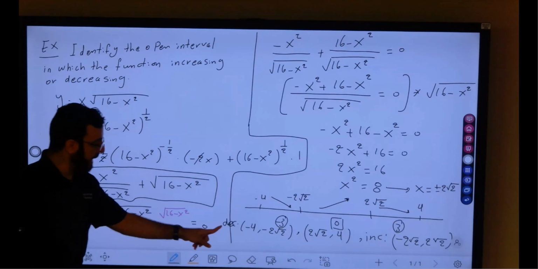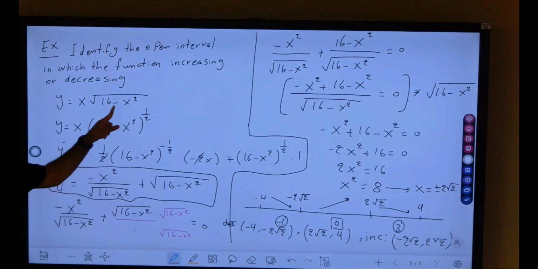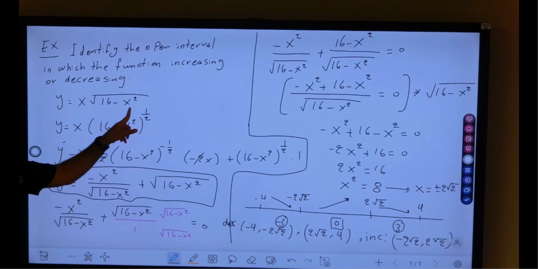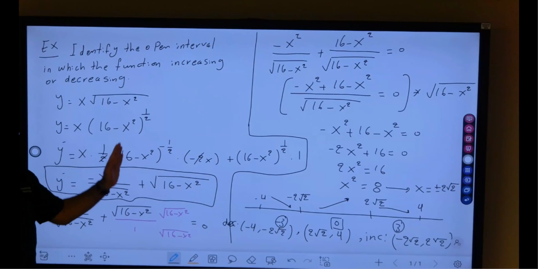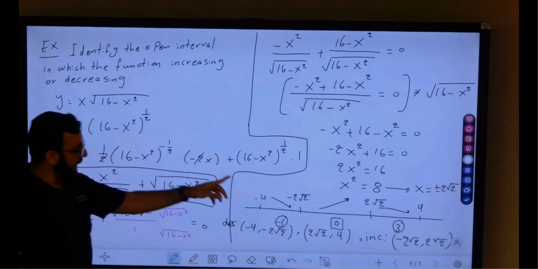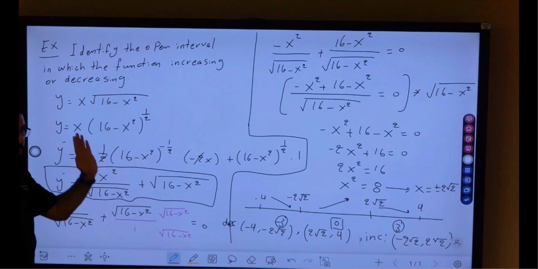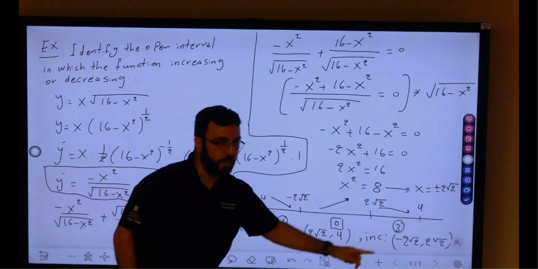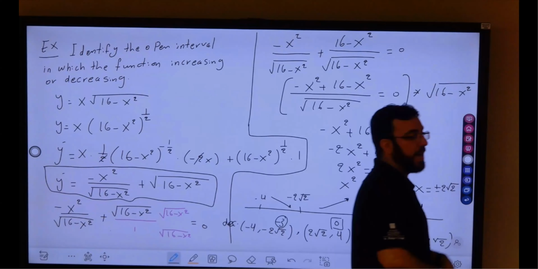But if you plug in -5 here, it's going to be 16 minus 25, which is -9. -9 under the square root is going to be what? Imaginary. Yes, a complex number. That's why we're going to stop. Even if you took 5, it's also going to be an imaginary number. That's why we're going to stop from -4 to 4. The asymptote is going to be with the next example, because we have a rational function.